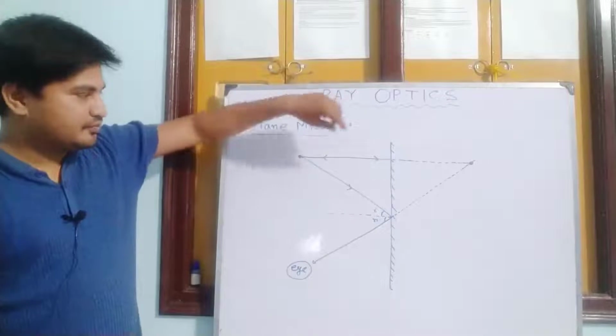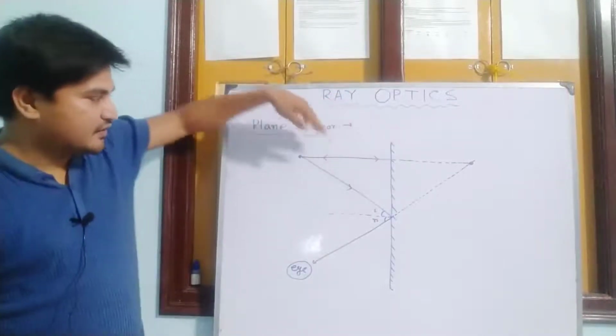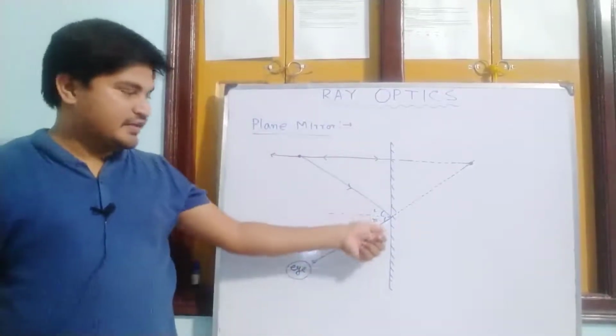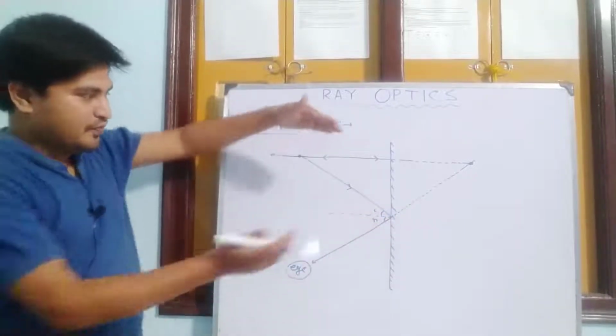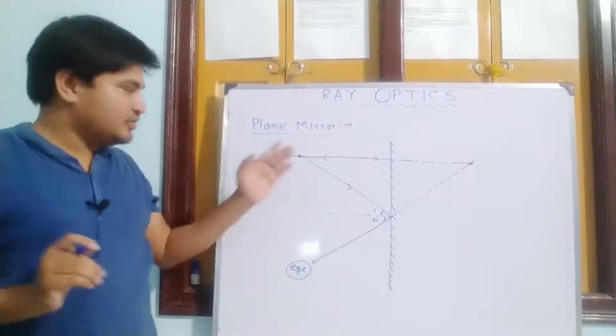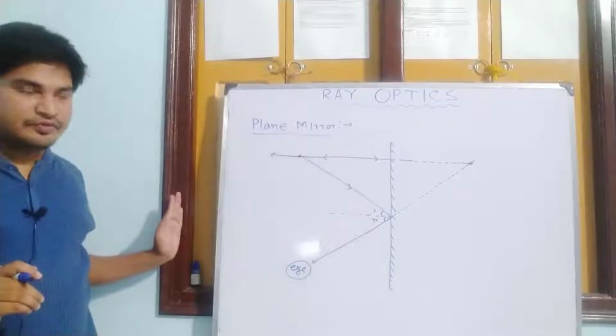In this case, this is the first ray reflected back in this direction, and this is the second ray reflected back in this direction. So the two rays move in this direction, so these two rays are never going to meet in this zone.